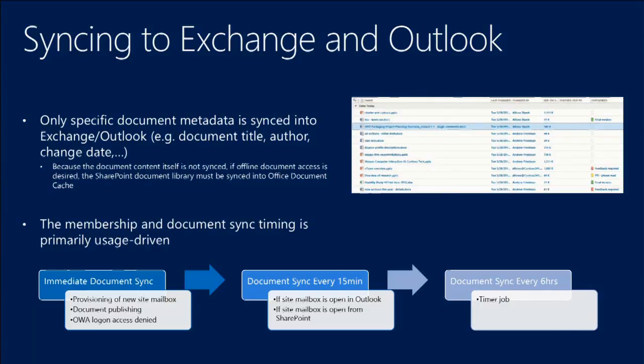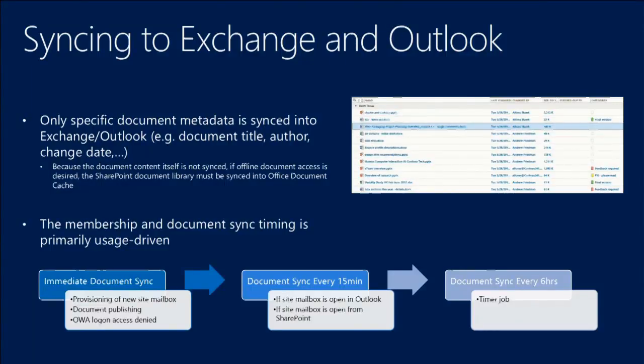So this slide covers which content is actually synced into the site mailboxes. The particular thing that I want to reiterate is that only the document metadata is synced into Outlook and Exchange.